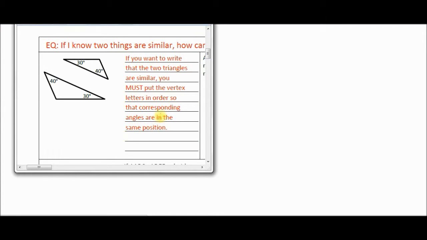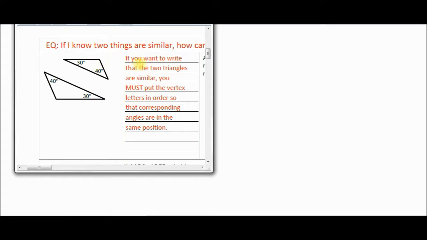You learned this last year when we dealt with congruence in Integrated Math 1. When you wrote out that two triangles were congruent, you had to make sure the letters were in the right order so that the vertices that were congruent were in the same position.